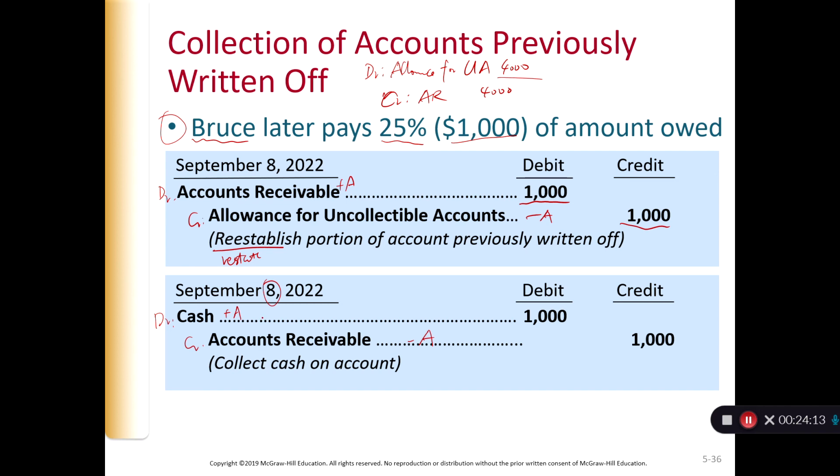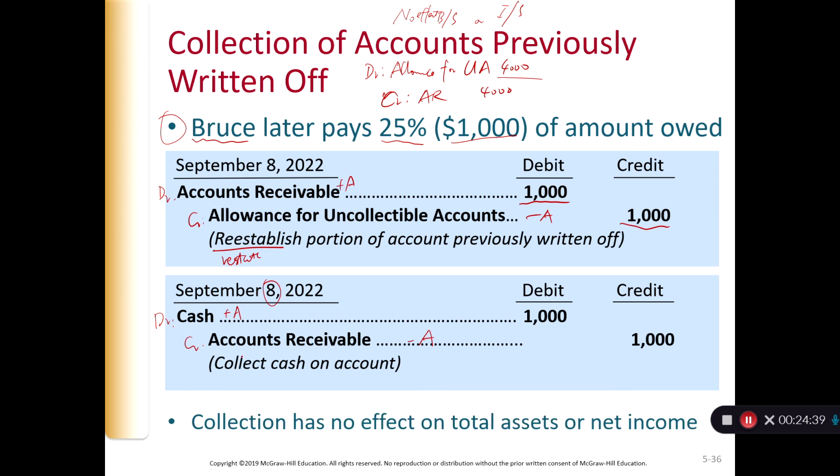Hence, even if he pays you back what you thought you were not able to collect, it has no impact on the balance sheet or income statement. Collection of the bad debt has no effect on total assets or net income.